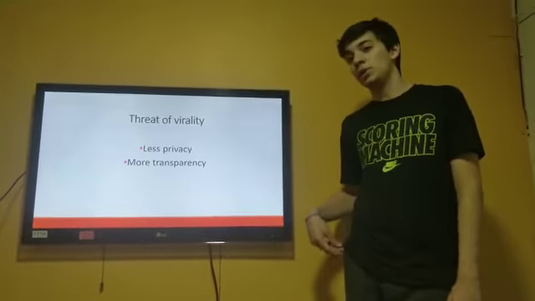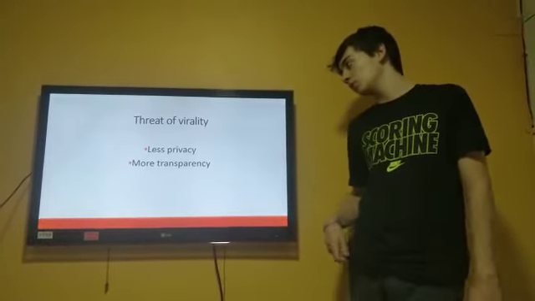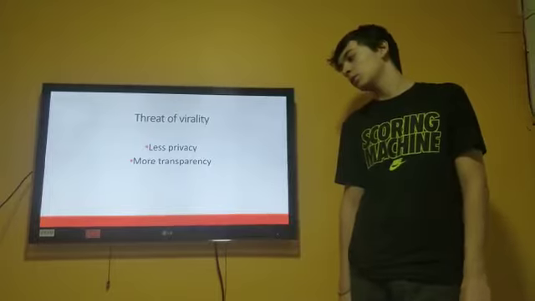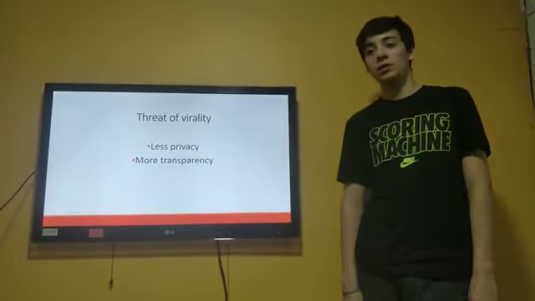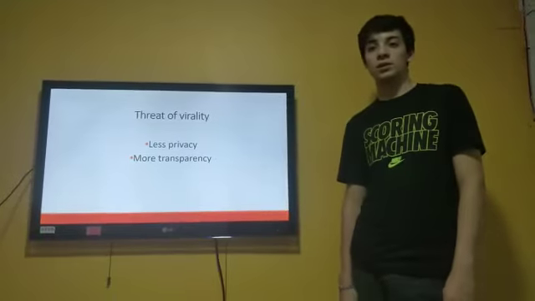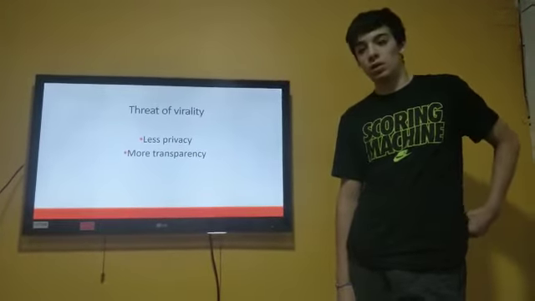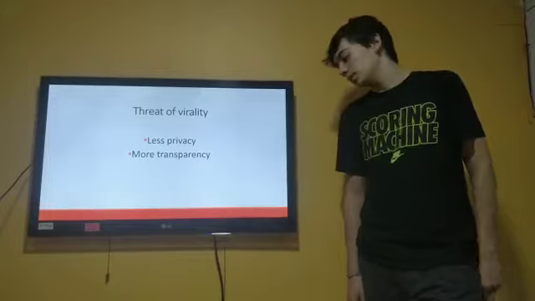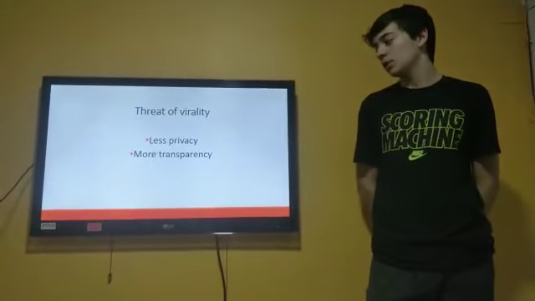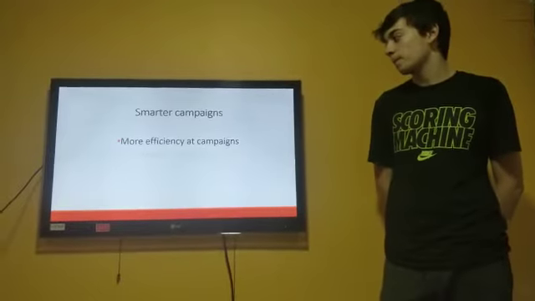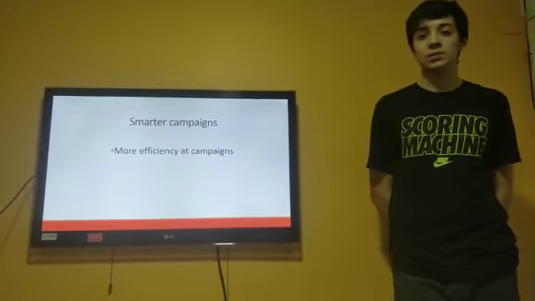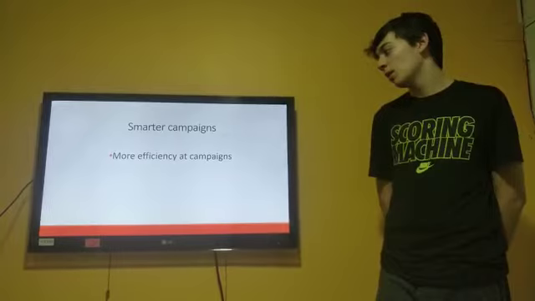But this also brings something good to the political campaign, that is more transparency. With social media and all the news that you can see, there are more things that you can search or find about a candidate. Then the smarter campaigns that we can find nowadays.